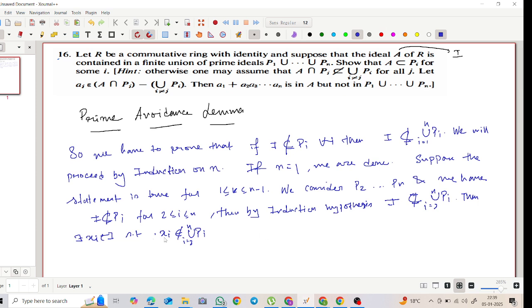I mean, what I am trying to say is that there exists xi in I such that xi is not in Pi, right? Because each element in I has to skip at least some Pi, otherwise I will be contained in the union. So there exists xi such that xi is in I and not in Pi.